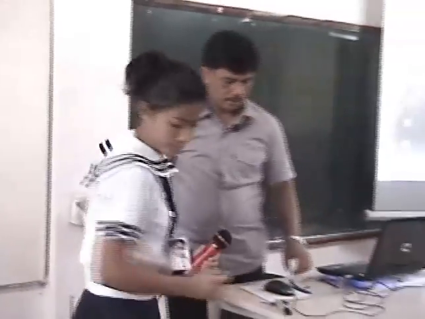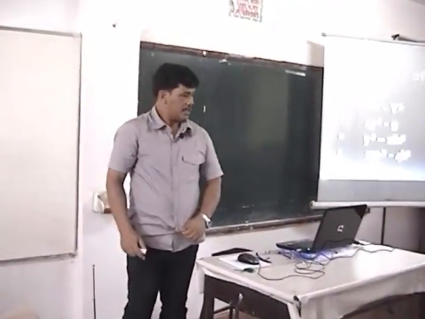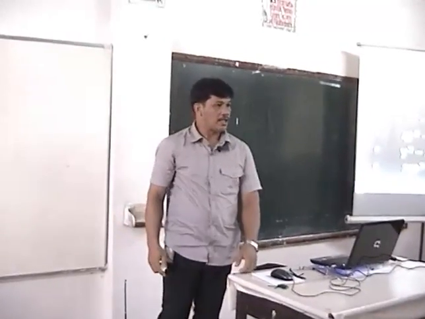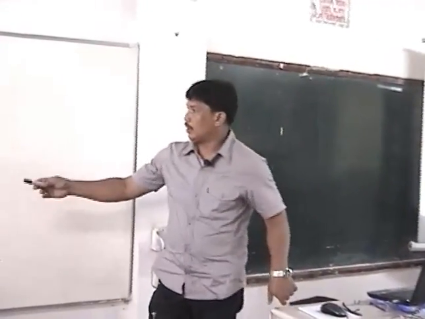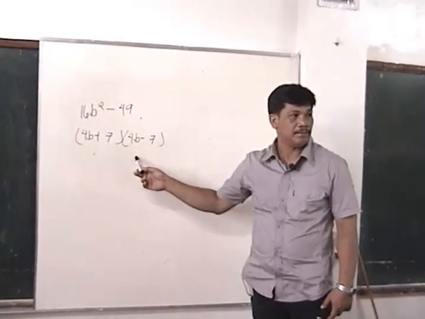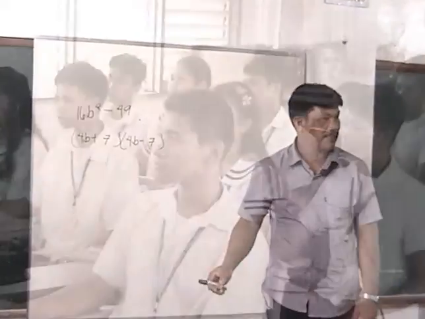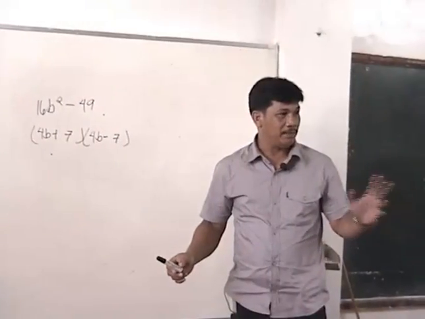Alright. You will take note, class, that in factoring a difference of two squares, you will notice that the factors are exactly the same, only expressed as plus and minus. That's why it is called sum and difference.